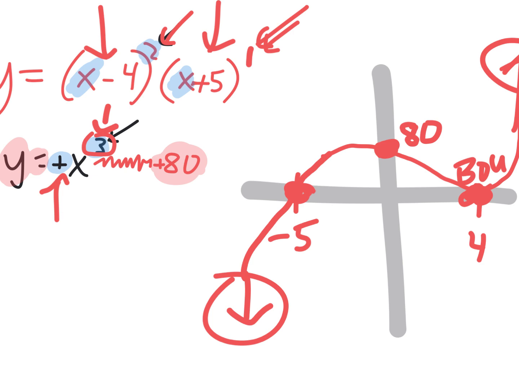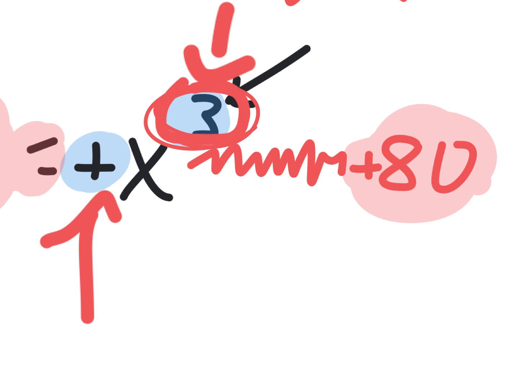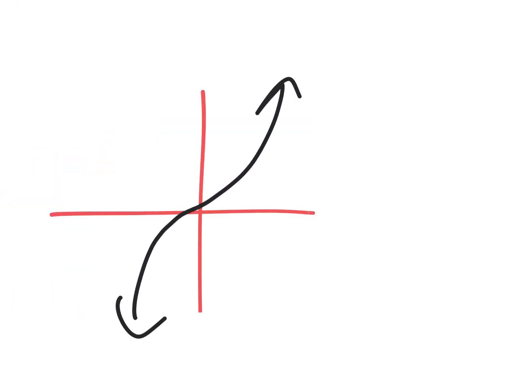Well, I wish I could just say that since this has degree 3, it automatically has 2 turns, but no, it has up to 2 turns. I'll give you an example. Would you agree that this is the x to the 3rd function? It doesn't have any turns.